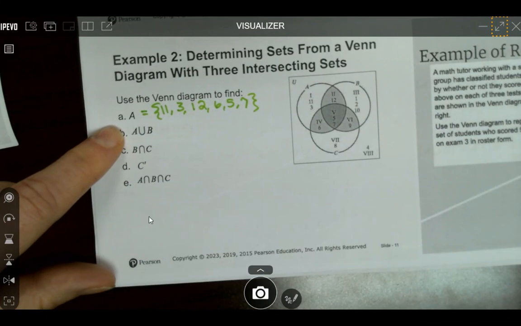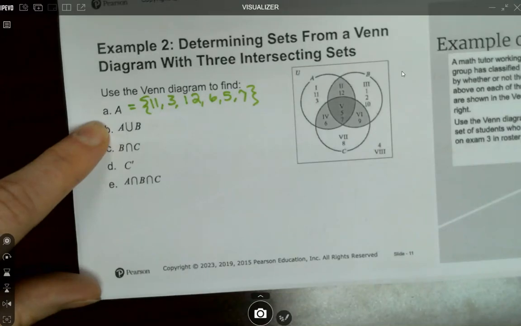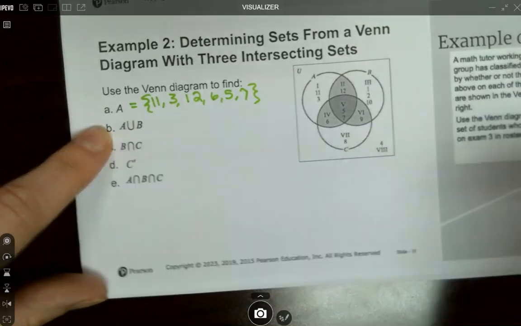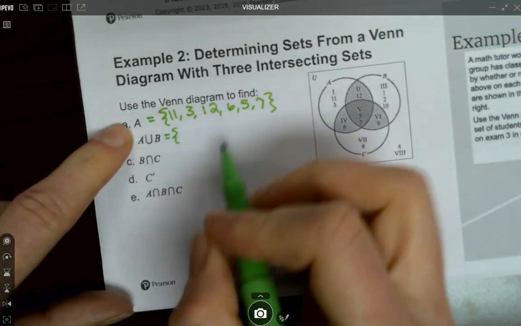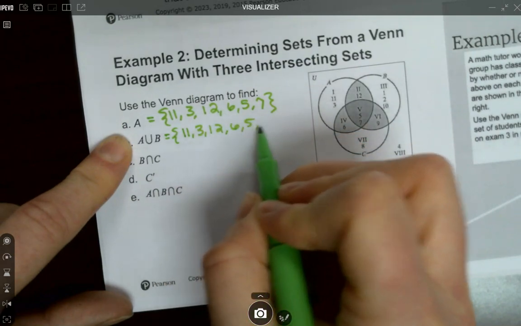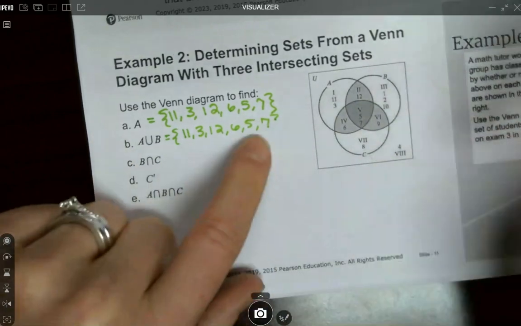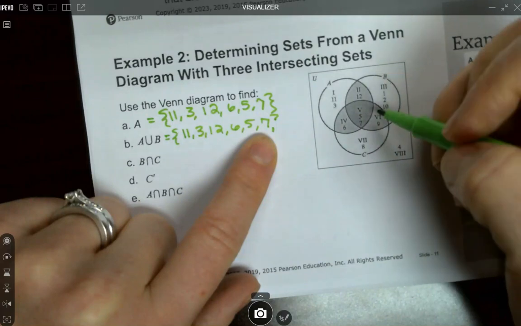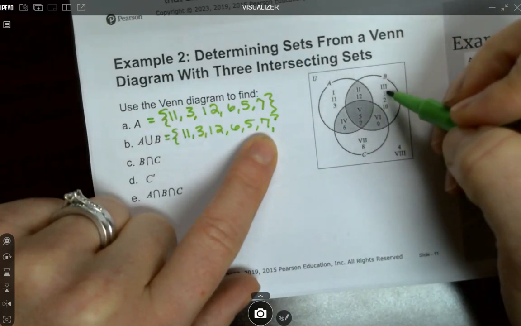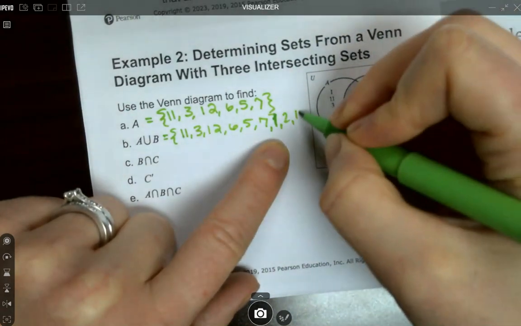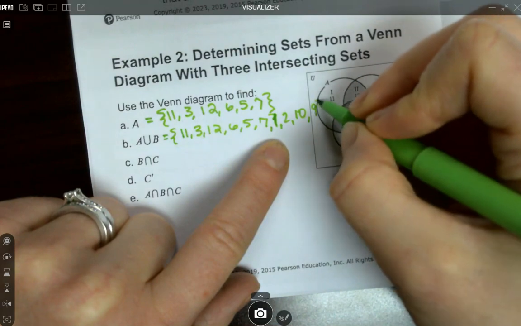A union B, that's everything in A and B. So it's going to be all of these: 11, 3, 12, 6, 5, and 7, because that's all of A. And then all of the elements of B. So I've already included these two, so I just need to include this: 1, 2, 10, and 9, right?